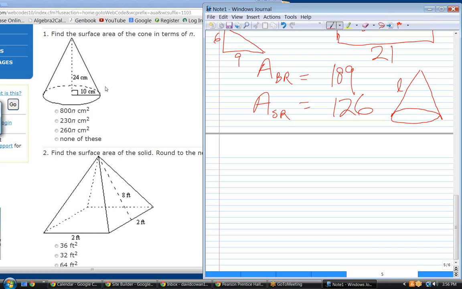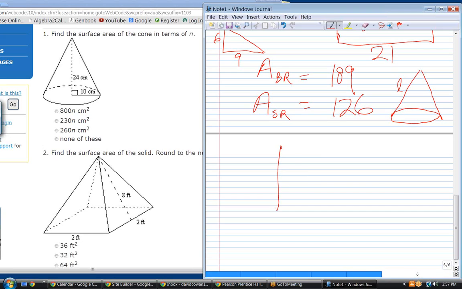So, 24 squared minus 10 squared equals 21.817.